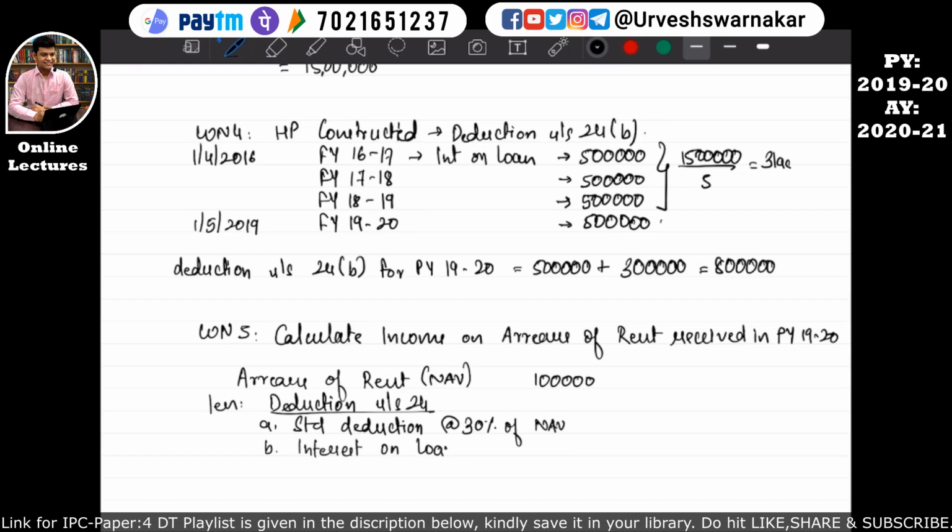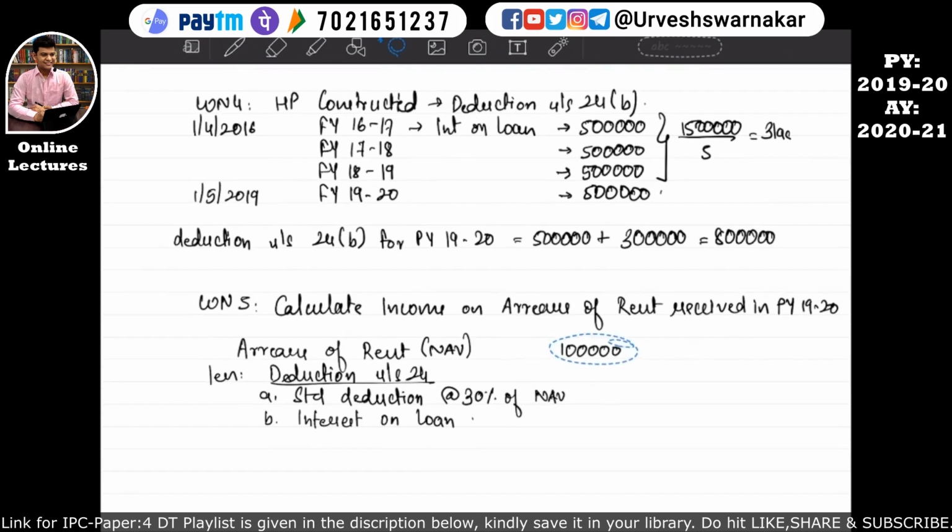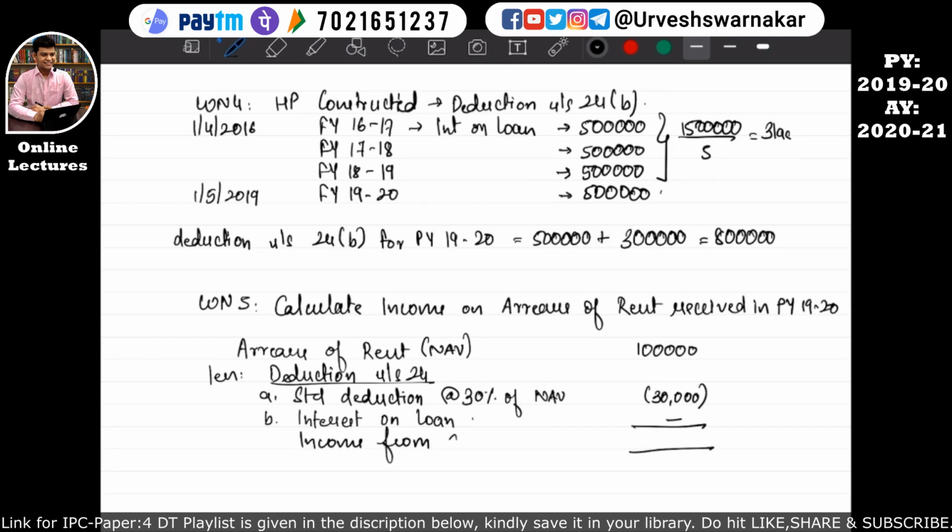I hope this is quite clear to you all. Let's calculate the income from this arrears of rent. The standard deduction is 30% of the NAV, so we will write over here 30,000, and interest on loan will be nil, and finally income from arrears of rent is equal to 70,000.